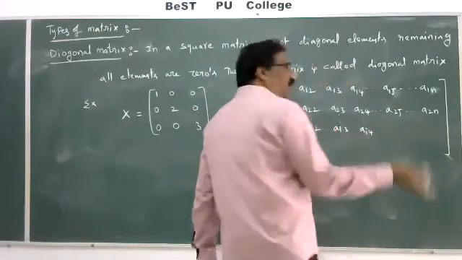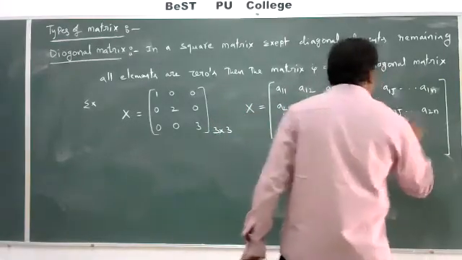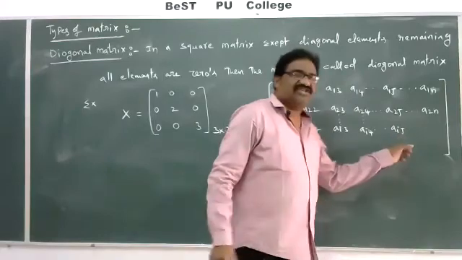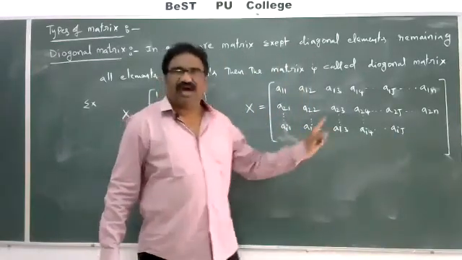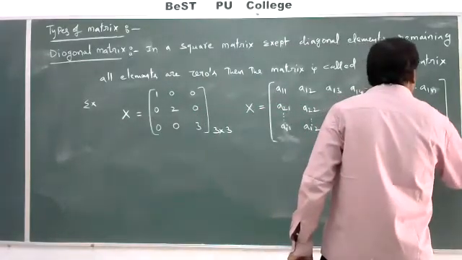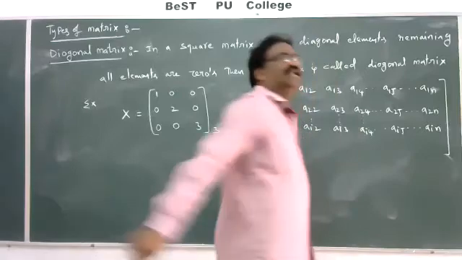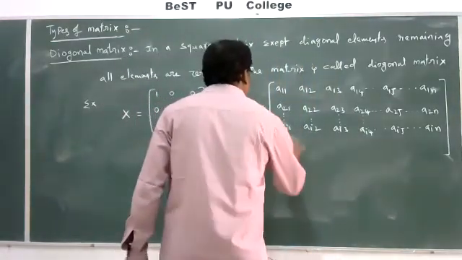Ai4, ith row, fourth column, and so on. Aij, ith row and jth column. I think you understood. Ith row and jth column, and so on. Ain, ith row, nth column, and so on.